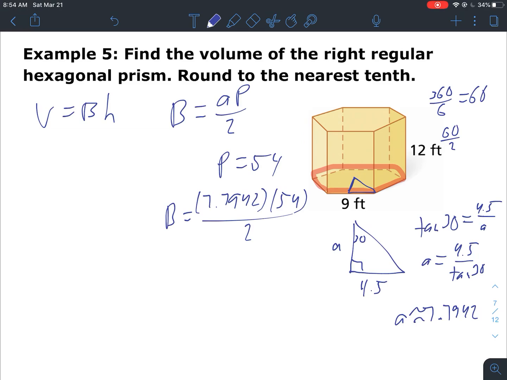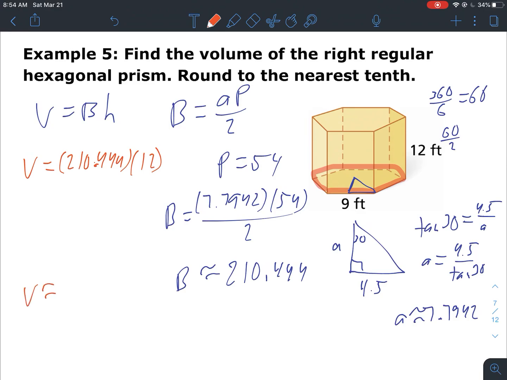And our final answer for that is 210.444. So finally take that, put it into our volume formula. The height is 12, so multiply that by 12. And our final volume is 2,525.3 cubic feet.